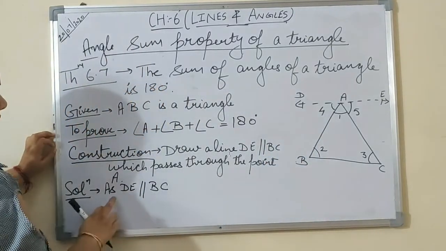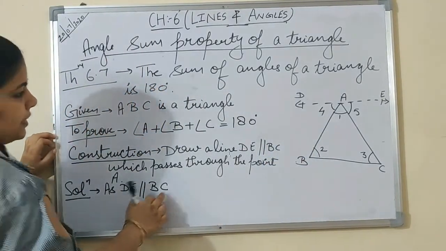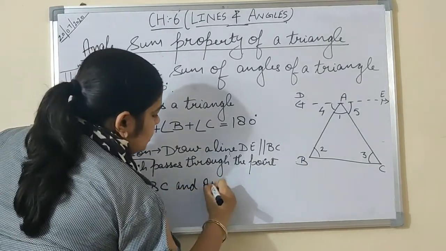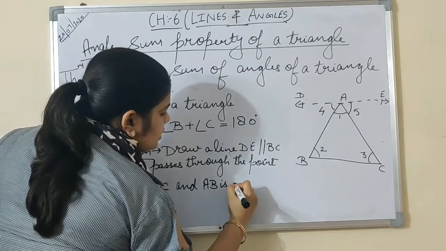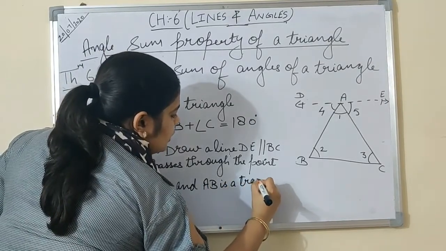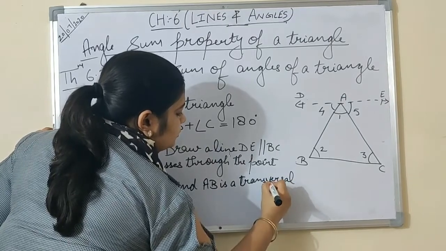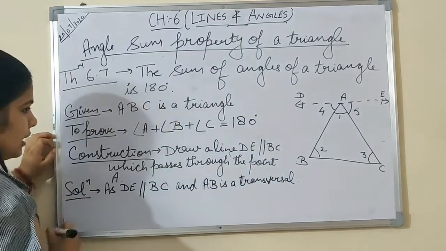So I am writing here: as DE is parallel to BC and AB is a transversal over here, what can I write?